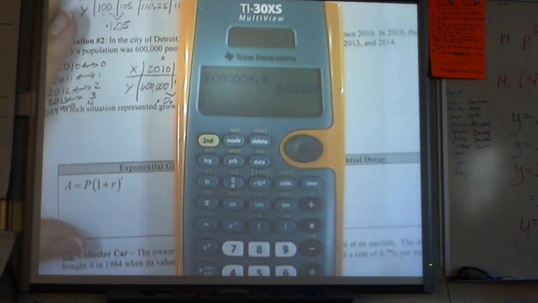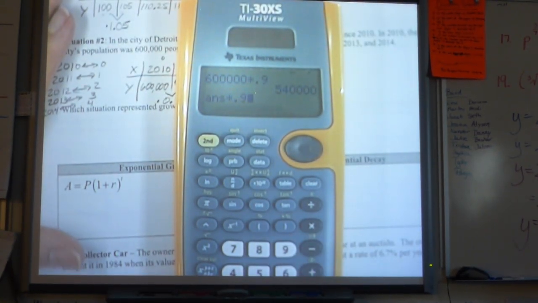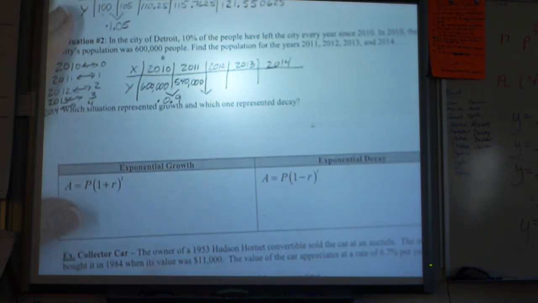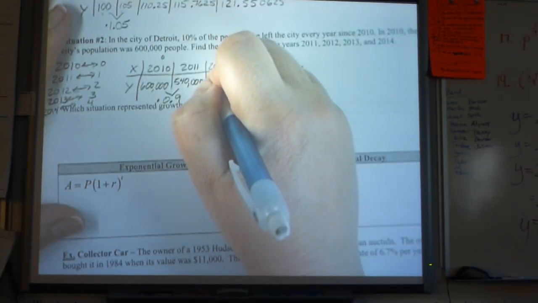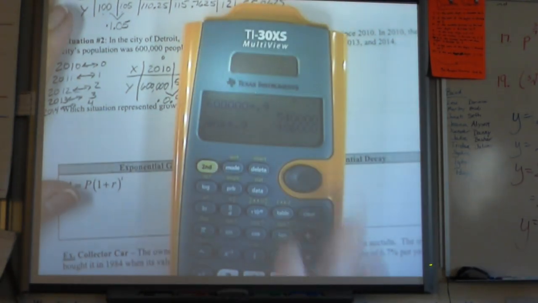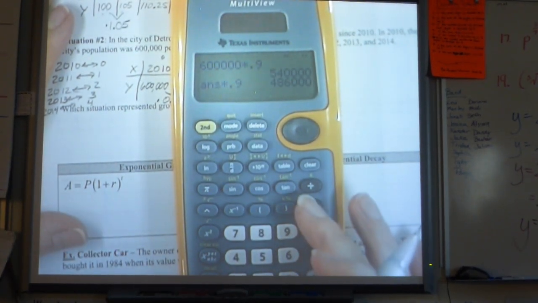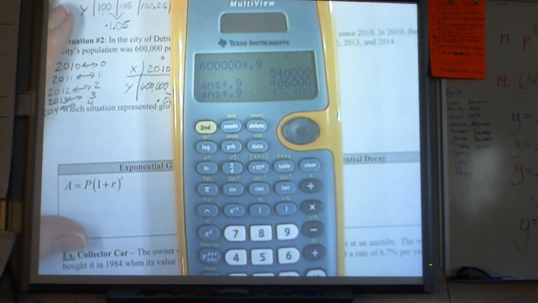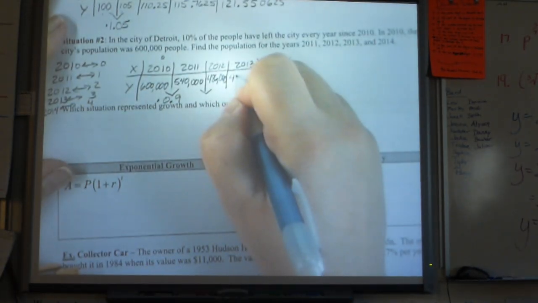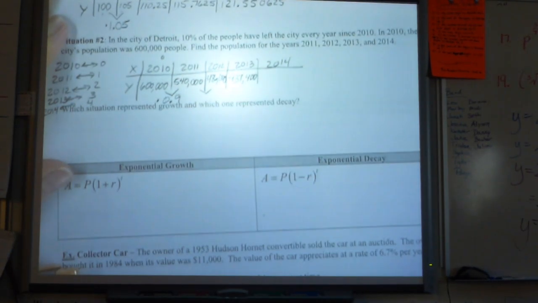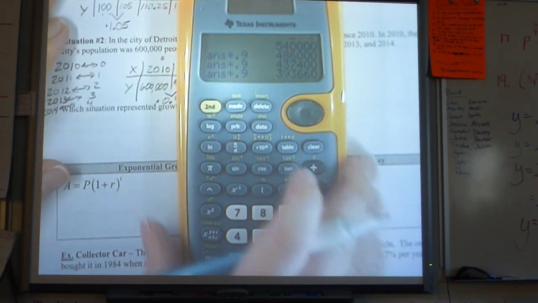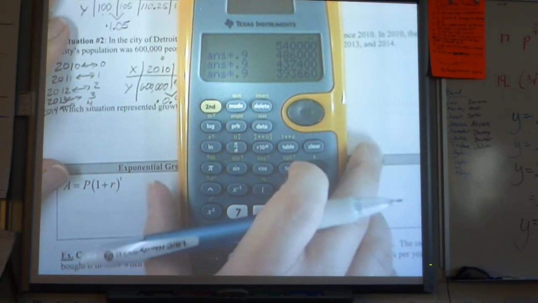So 540,000 times 90% or times 0.9, how many people are left at the end of that year? 486,000 people. And then another year passes and 10% of those people leave. So times 0.9 is 437,400. And then another year passes and 10% of those people leave. So times 90% or times 0.9, 393,660 people.